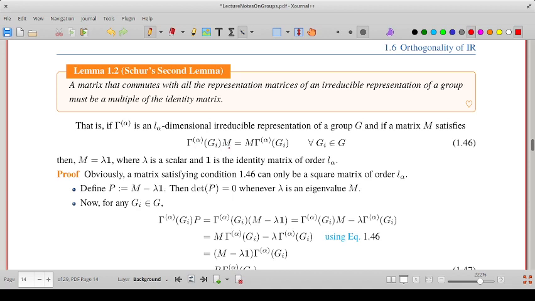If the matrix M commutes with all the representation matrices gamma alpha Gi of the group, then M should be a multiple of the identity matrix, of the same order as the representation. So the statement is: a matrix that commutes with all the representation matrices of an irreducible representation of a group must be a multiple of the identity matrix.